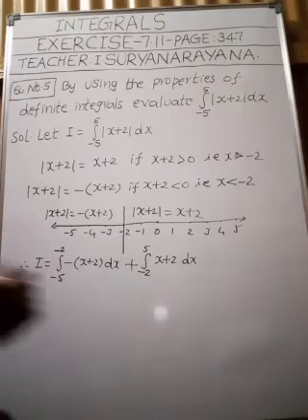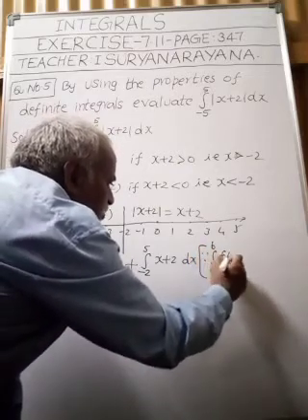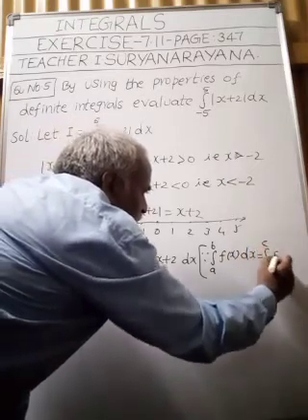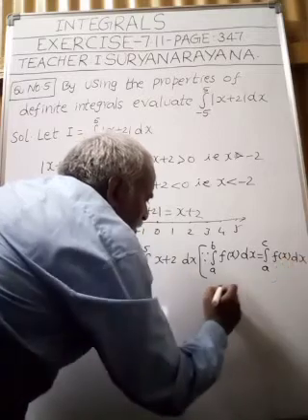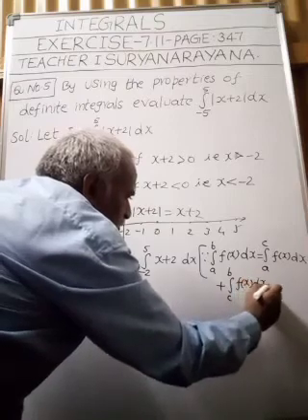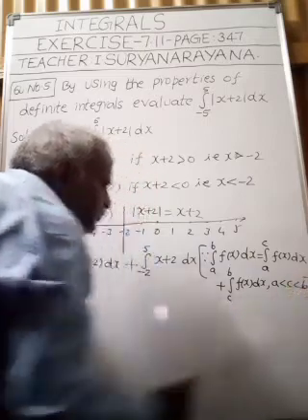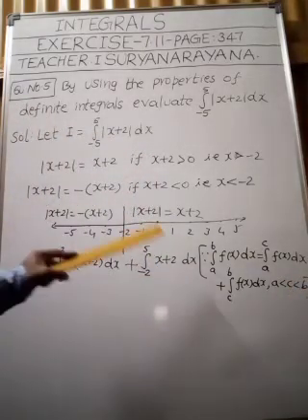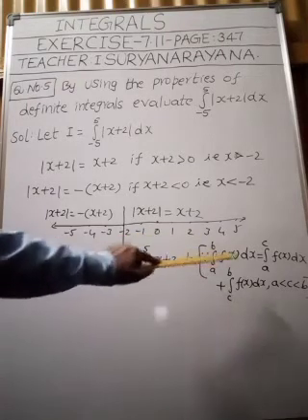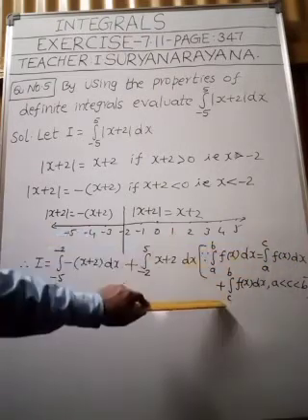Okay, my children? Here this is a property: integral a to b f of x dx is equal to integral a to c f of x dx plus integral c to b f of x dx, where a is less than c is less than b. So between a and b, a point c is there. If a point c is there between a and b, then we can split into two integrals like this, a to c plus c to b.